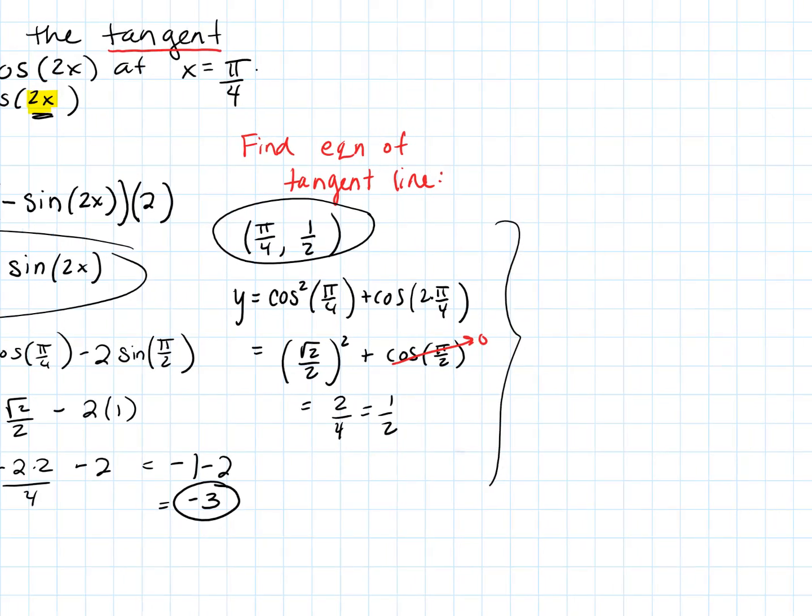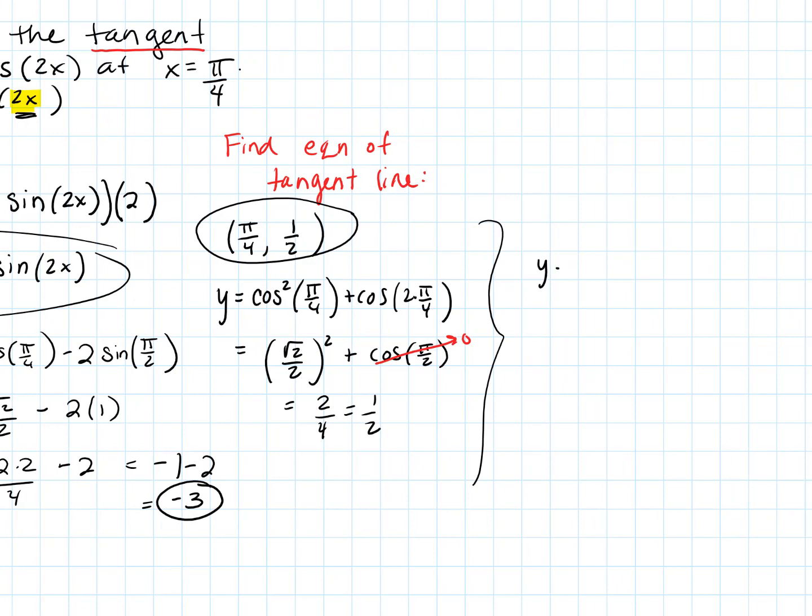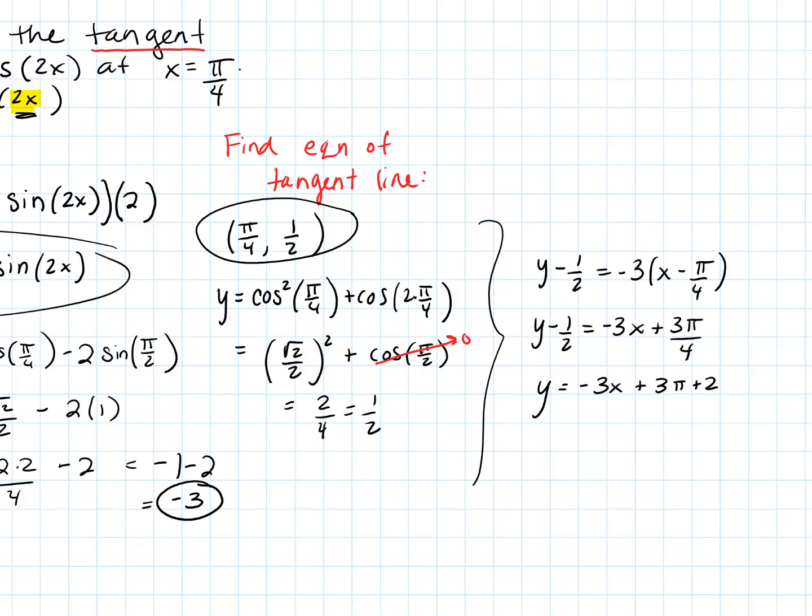Putting all that together, y minus 1/2 equals negative 3 times x minus pi over 4. Distribute: y minus 1/2 equals negative 3x plus 3 pi over 4. Add the 1/2, and y is equal to negative 3x plus (3 pi plus 2) over 4.